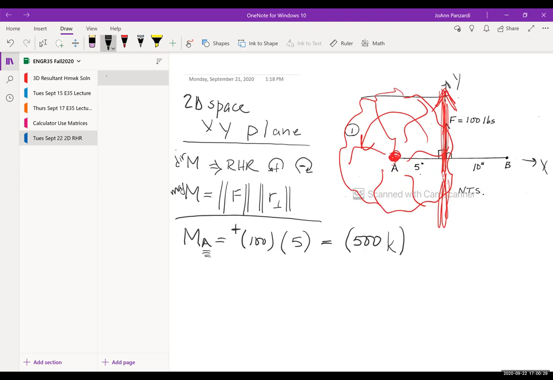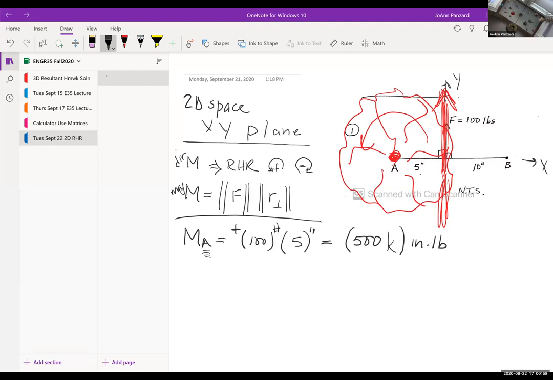So pounds per inch? Is it like 5 inch per pound? 5 is in inches and the 100 is in pounds. You're multiplying the force times the distance, so it has to be... remember in the overview, I showed you what the units are. In English it's going to be inch pound.